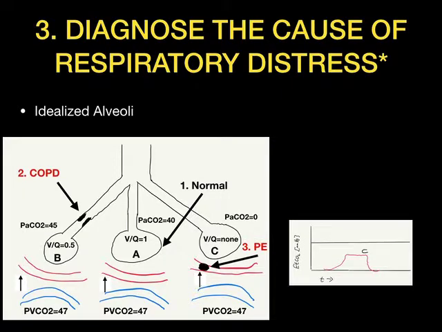And in our last alveoli with a PE, you'll see lower than normal values for our capnograph, because not all of them can be 0, otherwise that would be death. If we overlay these, you'll see the differences between the different capnographs, and this will help us diagnose the cause of respiratory distress.